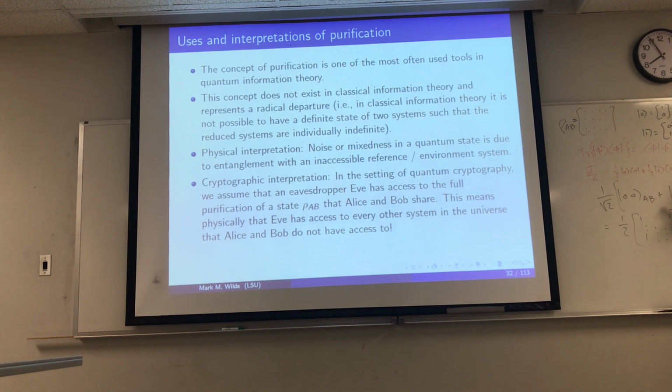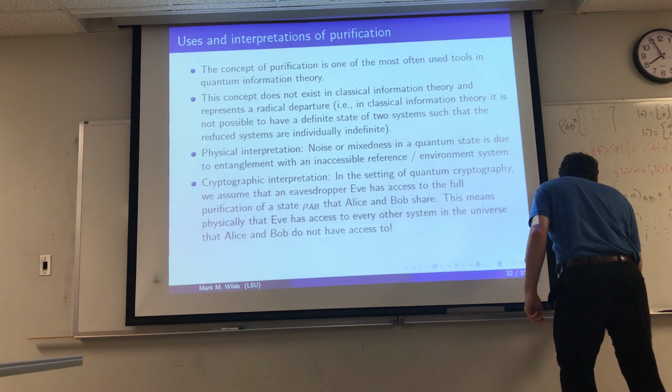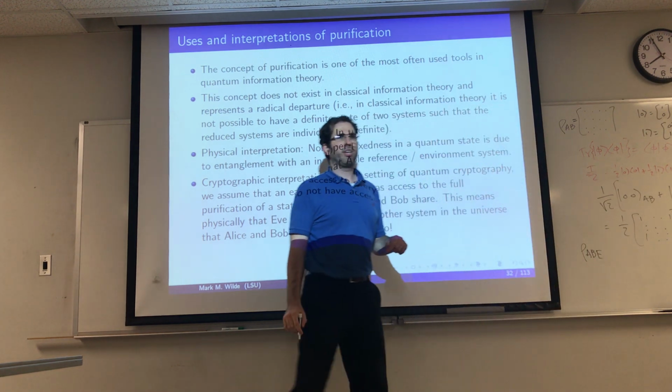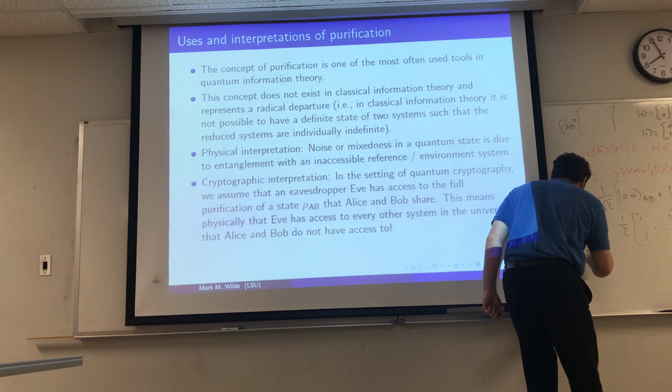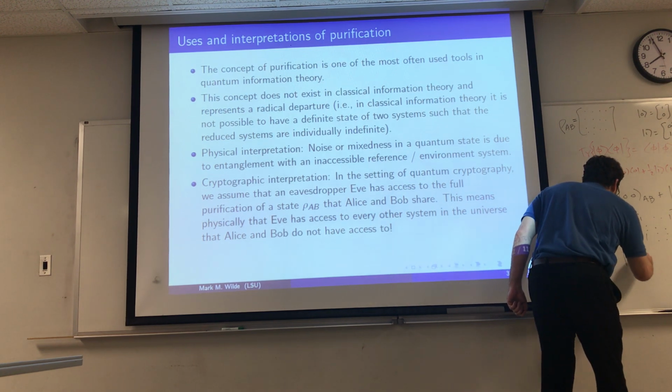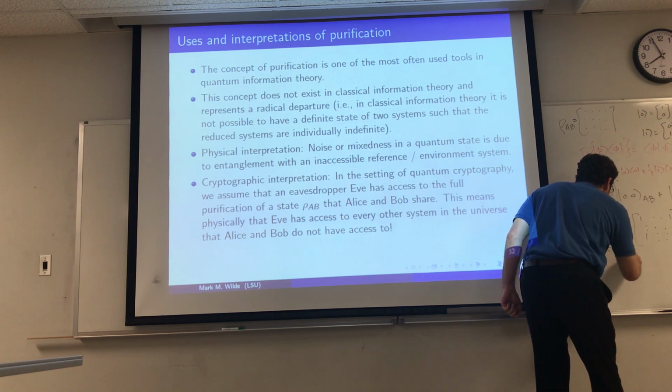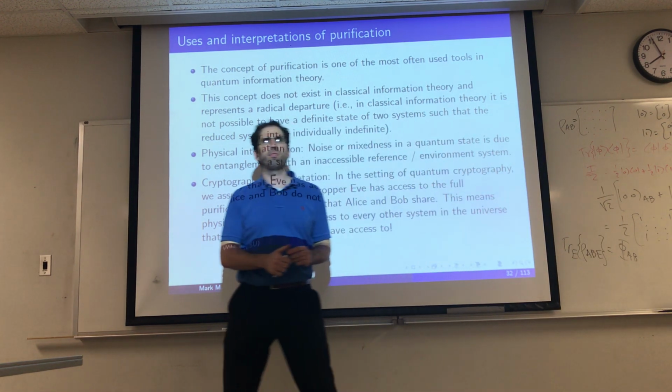And then we wanted to think, what could be the possible state of any other system in the universe that this could be entangled with or correlated with, okay? So the goal, what we're trying to think about is, what are the possible three-party states such that when we trace over Eve, we recover this phi AB, this maximally entangled state.